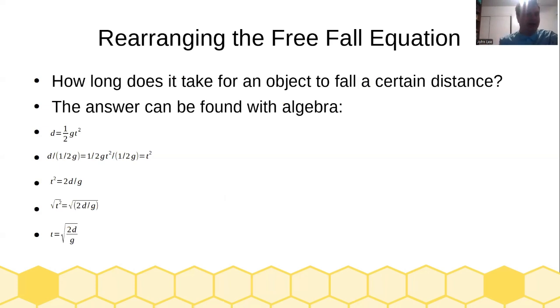Because time generally moves forward, we're going to choose our plus value, because we started at time equals zero and we want to see how long it takes to fall down, not how long it would take if you were moving backwards in time.